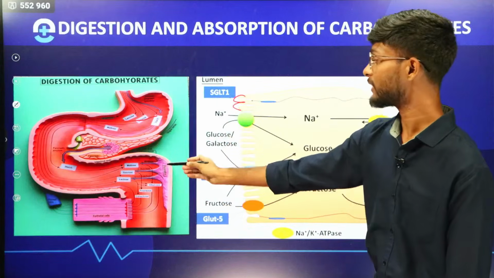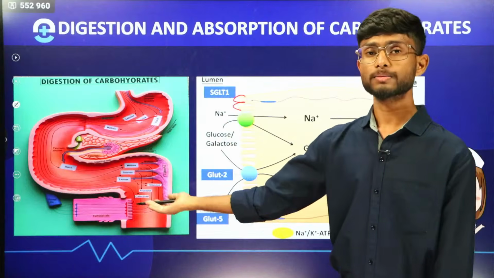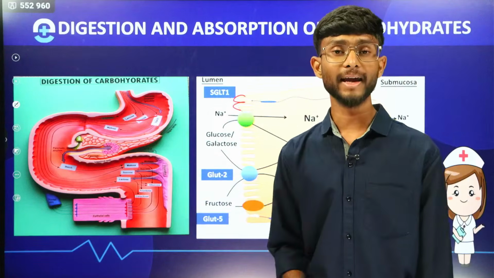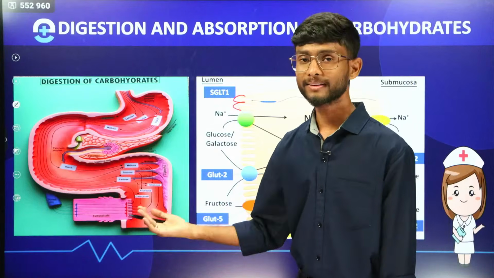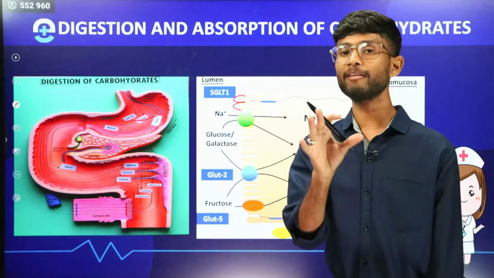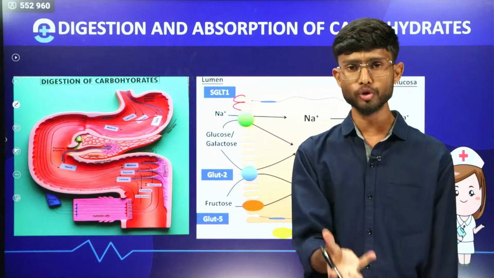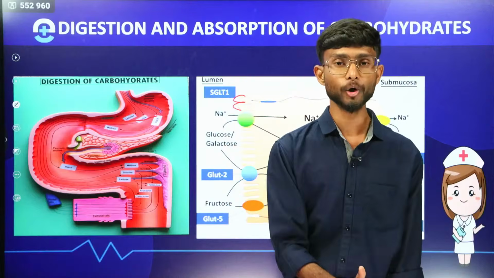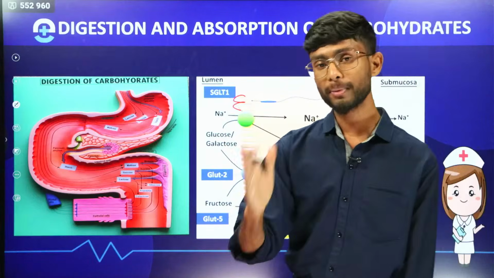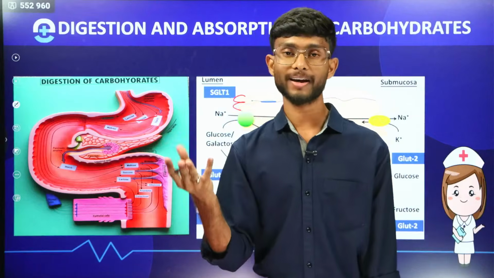In the small intestine you have various enzymes like sucrase, maltase, lactase, galactase. For particular food particles you have a particular enzyme. For example, sucrose has sucrase, maltose has maltase, lactose has lactase, and they will be broken down to form monosaccharide units.